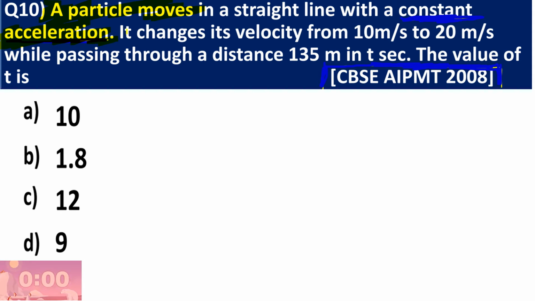Now it changes its velocity from 10 meter per second to 20 meter per second. So remember this, it changes the velocity from 10 to 20 while passing 135 meter in how many seconds? T seconds.